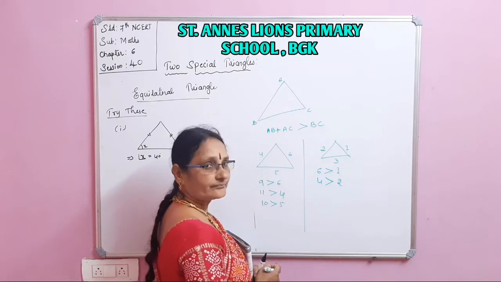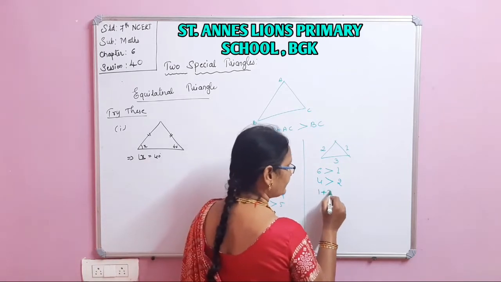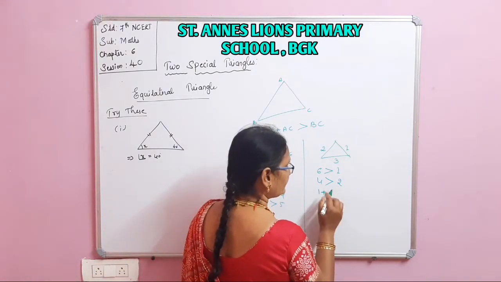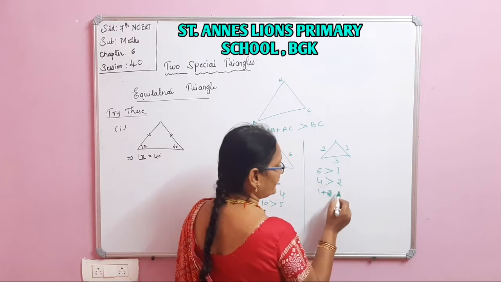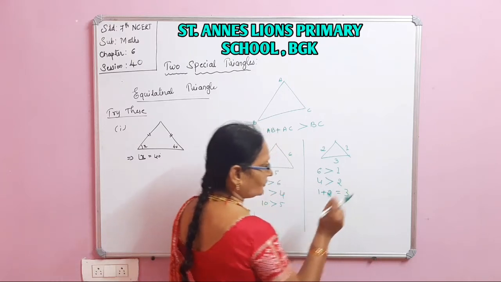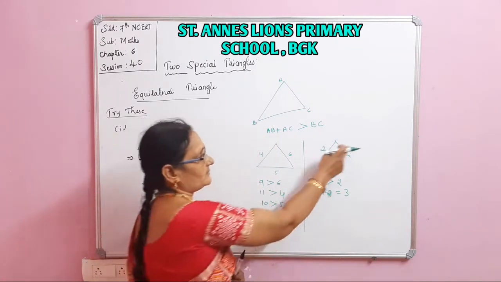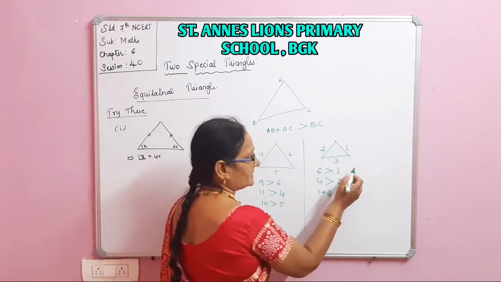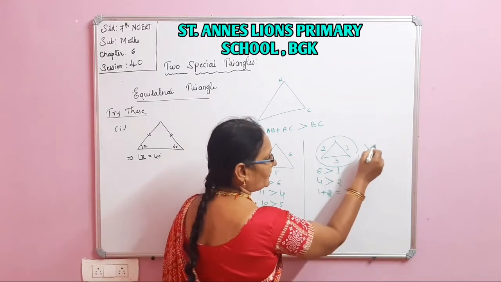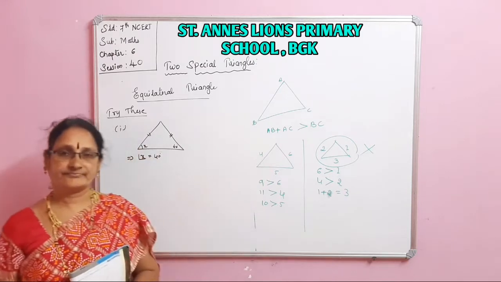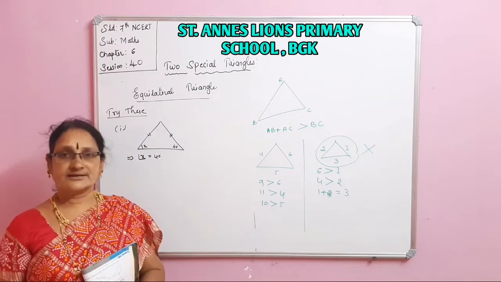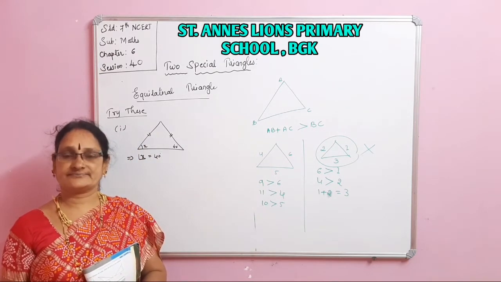Okay. Then 1 plus 2 is 3. It is not greater than 3, it is equal to 3. 1 plus 2 is equal to 3. That means this triangle cannot be constructed. We cannot construct it.